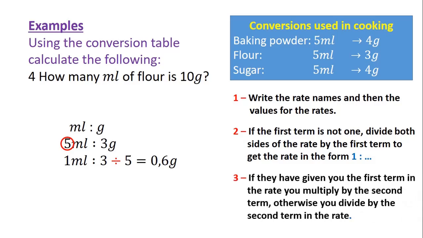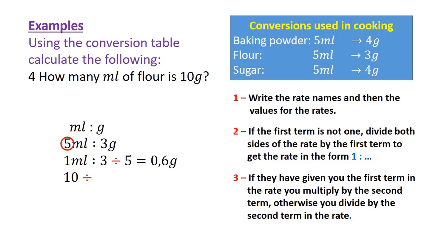Step 3. If they've given you the first term in the rate, you multiply by the second. Otherwise, you divide by the second term in the rate. Let's have a look. They've given us 10 grams of flour and they want milliliters of flour. So they've given us the second term and they want the first one, and therefore we divide.